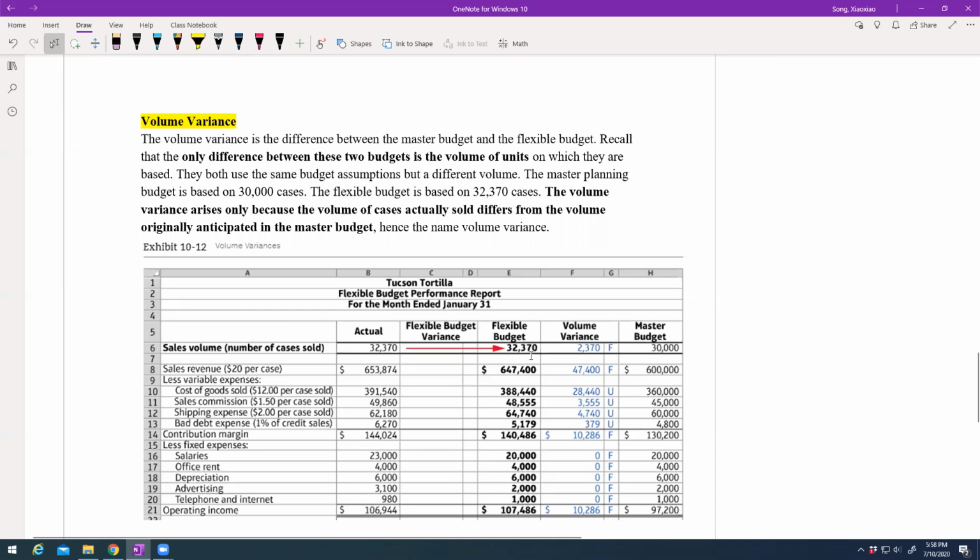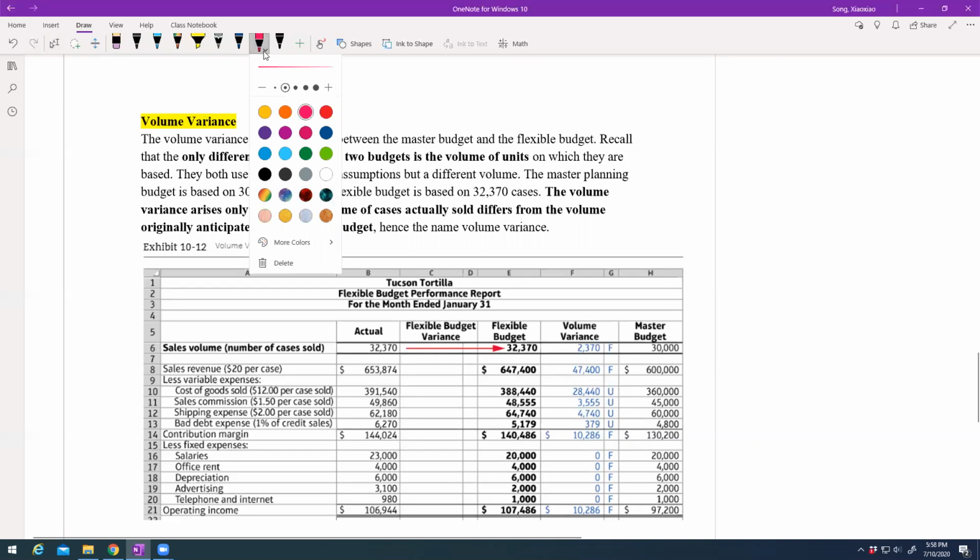Both use the budgeted price, so the only difference is the volume of the units. The volume variance arises only because the volume of cases actually sold differs from the volume originally anticipated in the master budget. That's why we call it a volume variance.